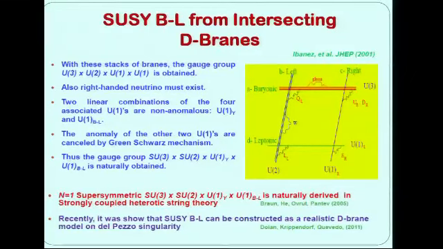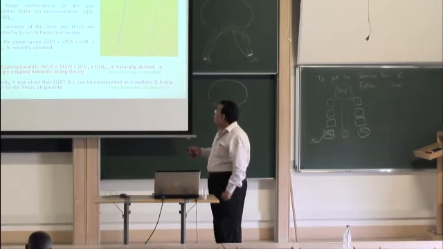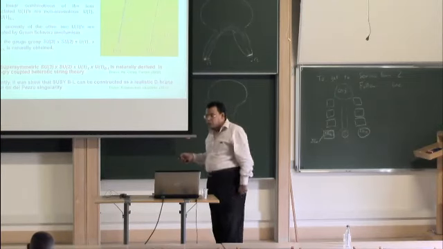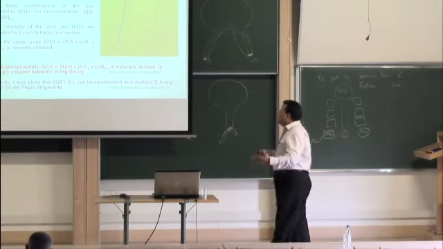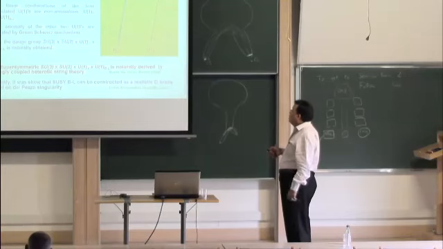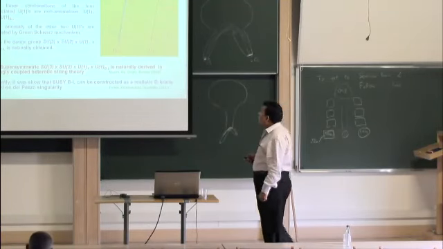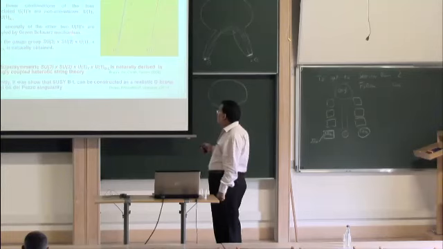In fact, 2 of these 4 associated U(1)s are non-anomalous, and they are exactly the hypercharge U(1) and the B-L U(1). So the B-L extension of the standard model is also motivated from D-brane construction.